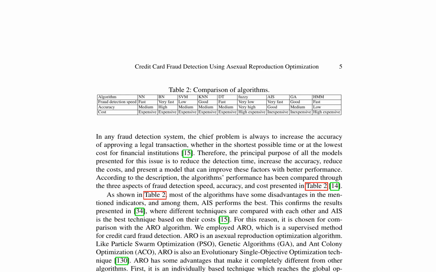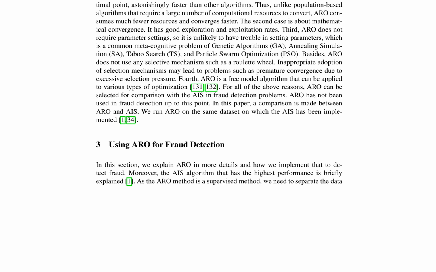A comparison of algorithms, including neural networks, NN, Bayesian networks, BN, support vector machines, SVM, k-nearest neighbors, KNN, decision trees, DT, fuzzy logic, artificial immune system, ICE, genetic algorithms, GA, and hidden Markov models, HMM, reveals that ICE performs the best overall. This paper proposes the use of Asexual Reproduction Optimization, ARO, for credit card fraud detection.